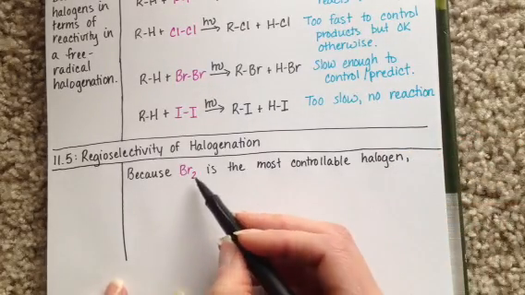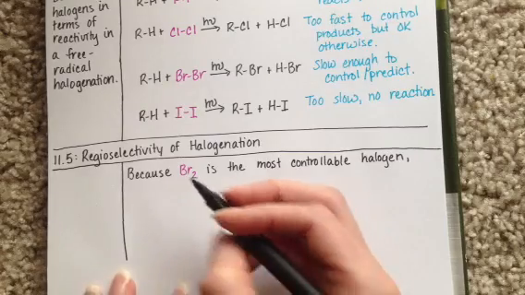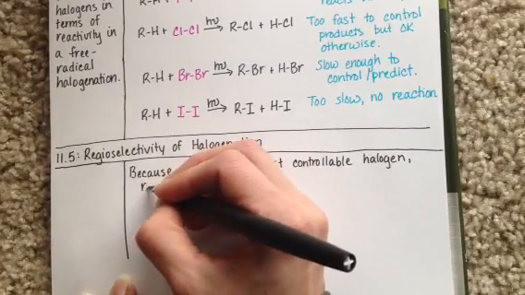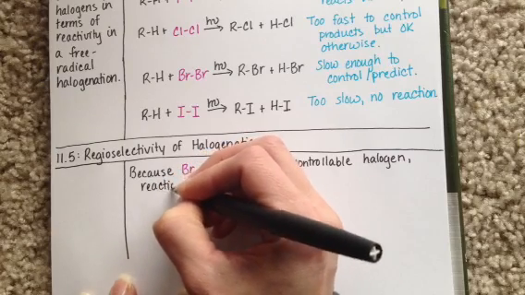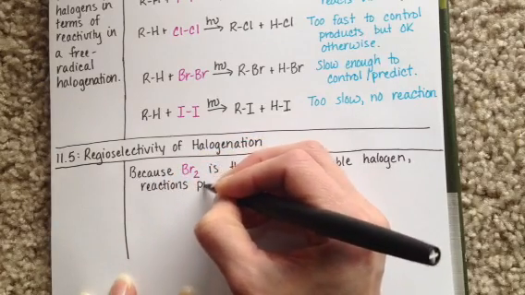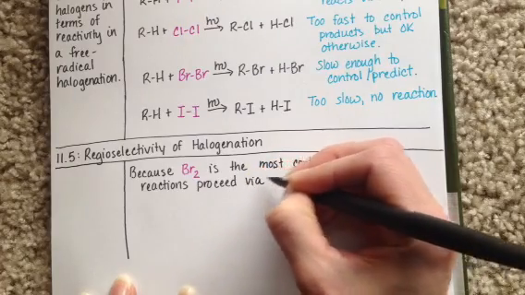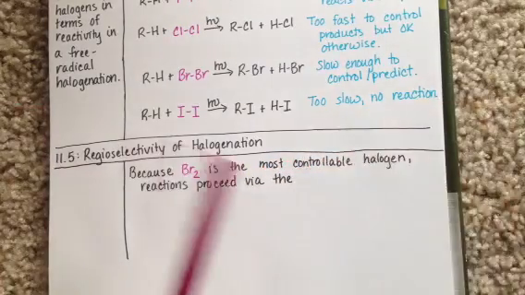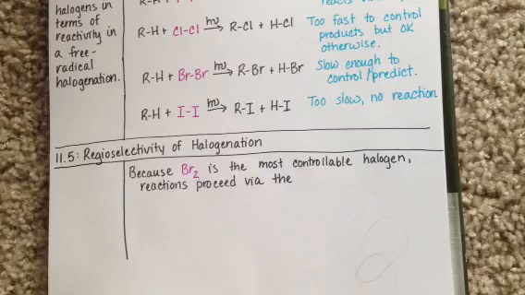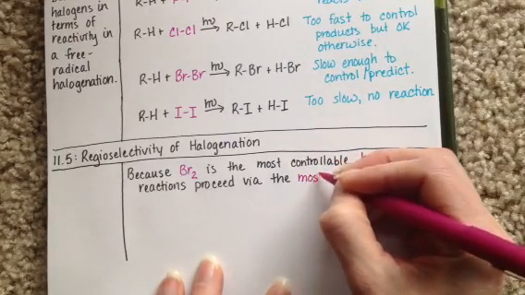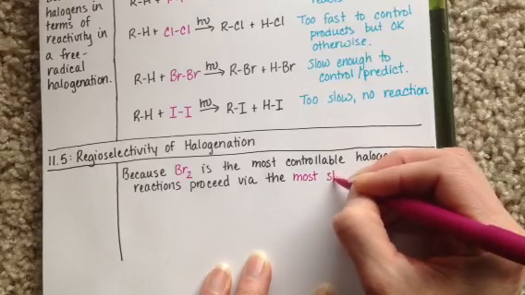the radical reactions involving bromine will proceed via the most stable radical. The most stable radical is the one that's most substituted.